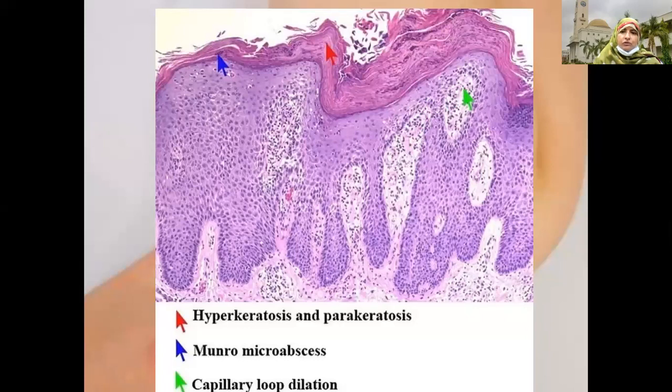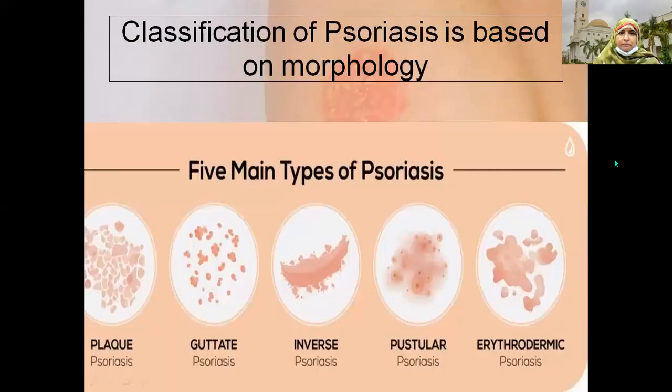That is, if you remove the scale from here, there are pinpoint bleeding sites. These are because of these dilated blood vessels and because there is thinning of the epidermis above these dilated blood vessels. So: hyperkeratosis, parakeratosis, elongated rete ridges, the dilatation of the blood vessels, and suprapapillary thinning of the epidermis.